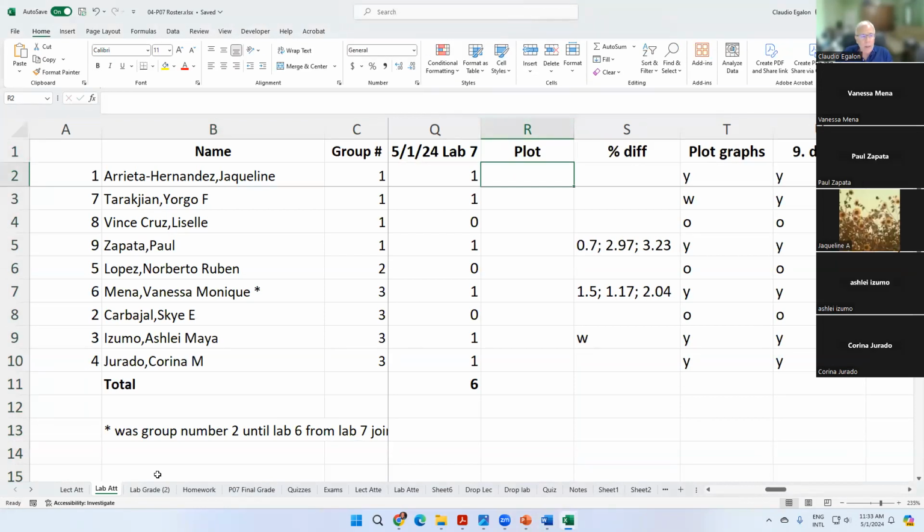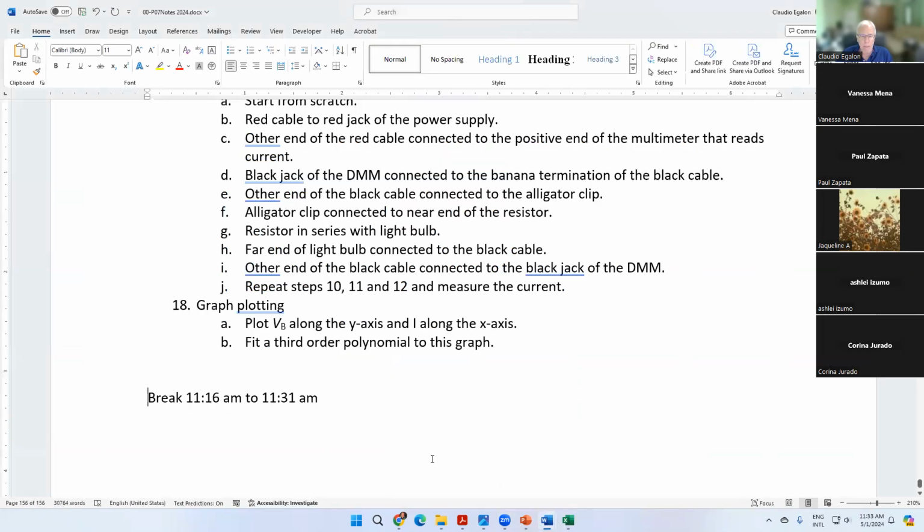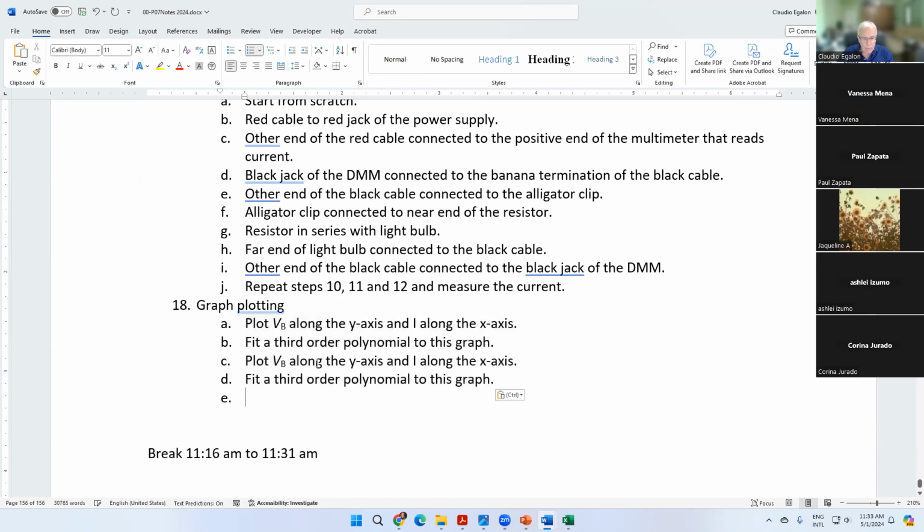Let's plot 2 graphs. Plot VB along the y-axis and I along the x-axis. And then plot V1 along the y-axis and I along the x-axis. Fit a linear curve to this graph.